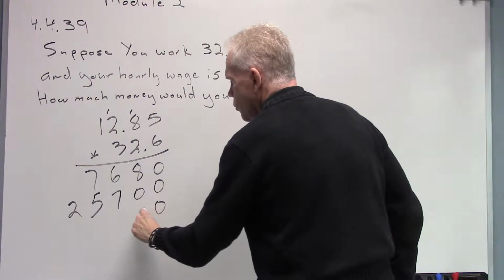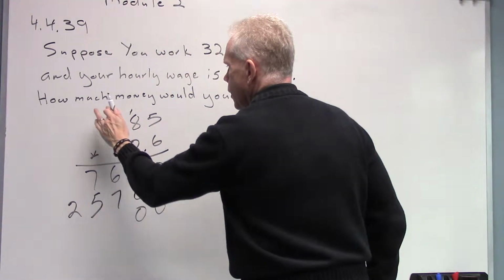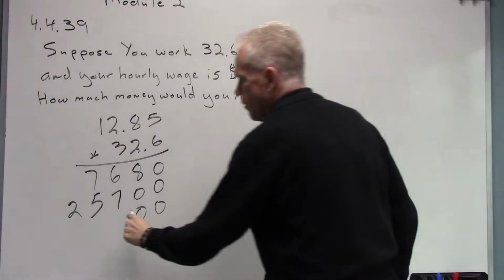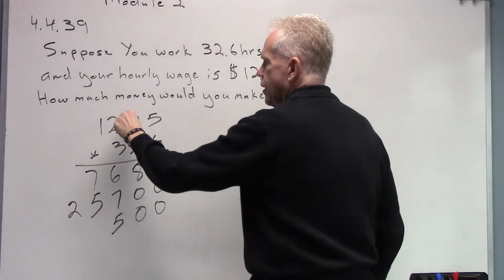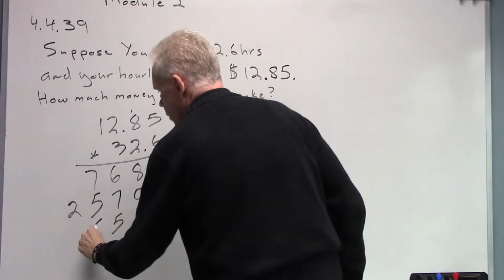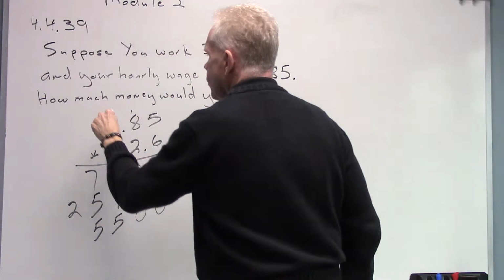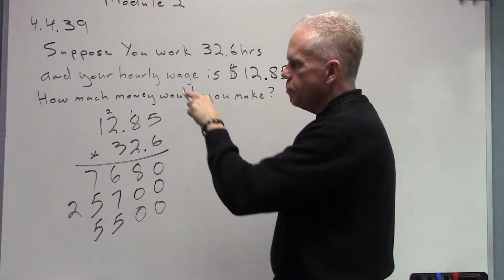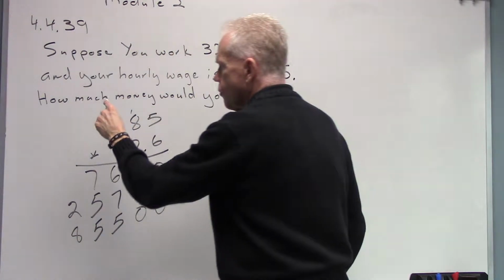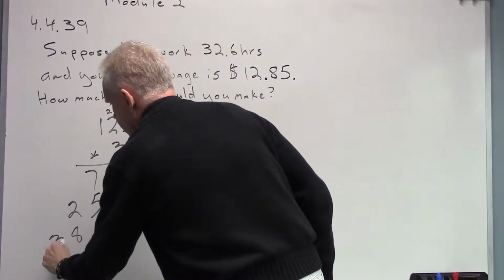Now I need 2 placeholder zeros as I come back and multiply with the 3. Now 3 times 5 is 15, put down the 5, carry a 1. 3 times 8 is 24, plus 1 is 25, put down the 5, this time carry a 2. 3 times 2 is 6, plus 2 is 8. Okay, nothing to carry. 3 times 1 is 3.